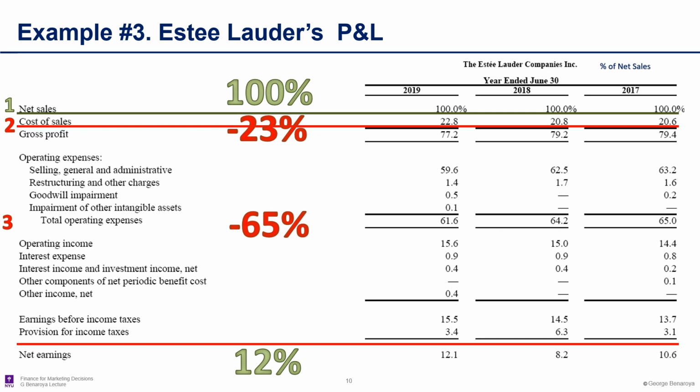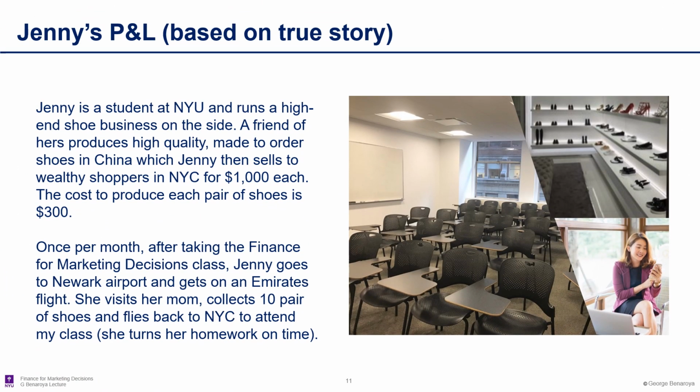We have now seen 3 different companies showing the data in a different manner with different terms, but for any company, we were able to break what we were looking at into these 3 main drivers and understand the performance of the business. Let's see now how to make our own P&L.